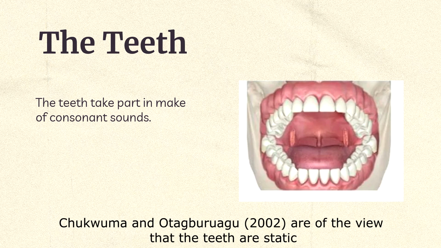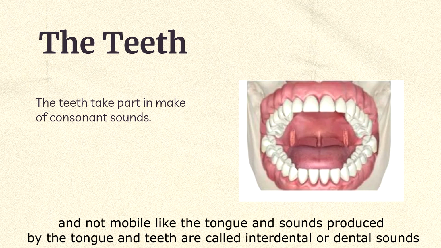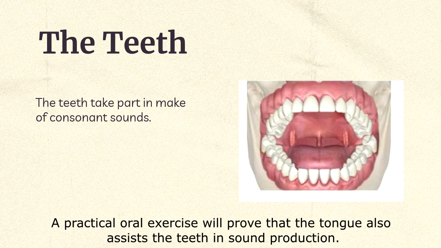Chukwuma and Otakpurwagu, 2002, are of the view that the teeth are static and not mobile like the tongue, and sounds produced by the tongue and teeth are called interdental or dental sounds. A practical oral exercise will prove that the tongue also assists the teeth in sound production.